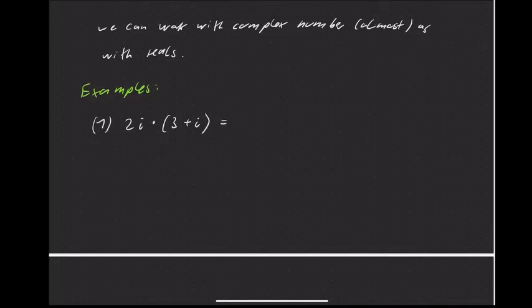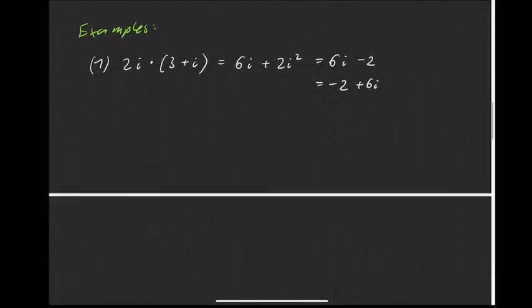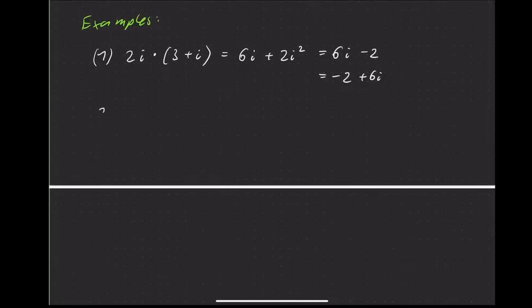Now if we just use this i as a constant, what we get is 2 times 3i, so that's 6i, plus 2i times i, so that's 2i squared. And remember, i squared is minus 1. So what we get is 6i minus 2, or if we just reorder that, minus 2 plus 6i. Okay, so that's how you work with complex numbers.